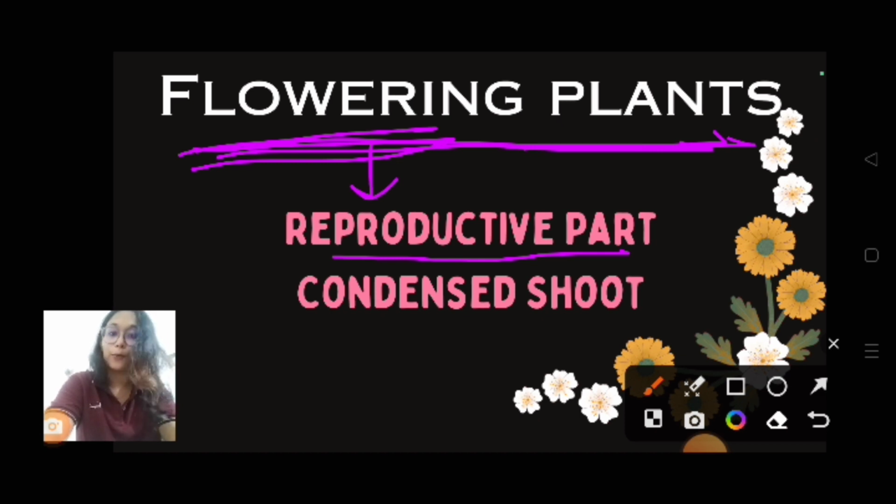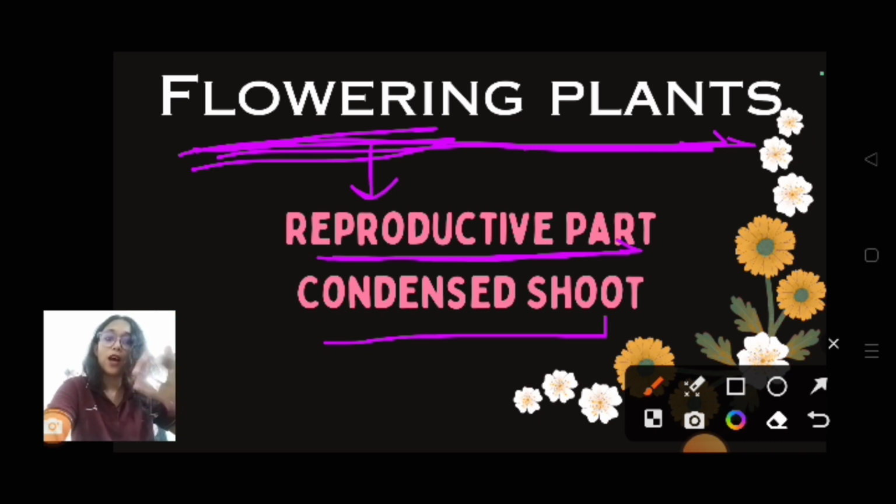Female pistils, male stamen. So these are the reproductive parts, or we can say it is a condensed shoot. Shoot means the above ground part. So it is a condensed part of the shoot. Are you getting?